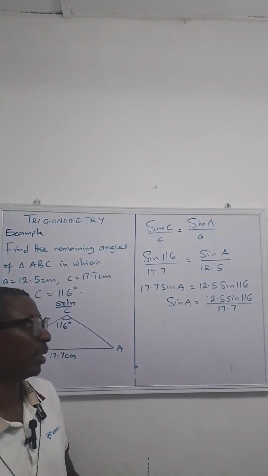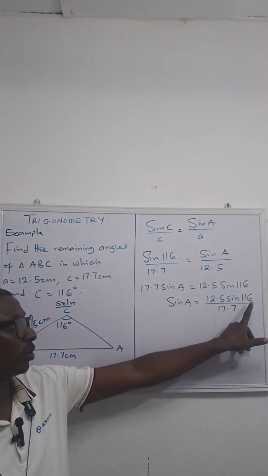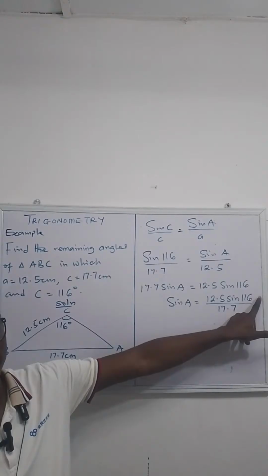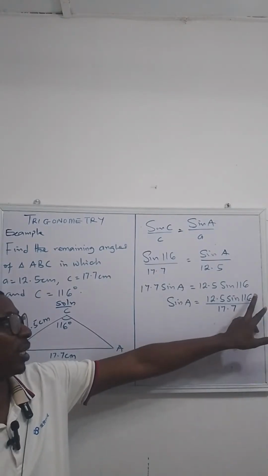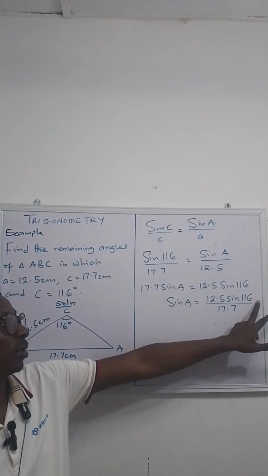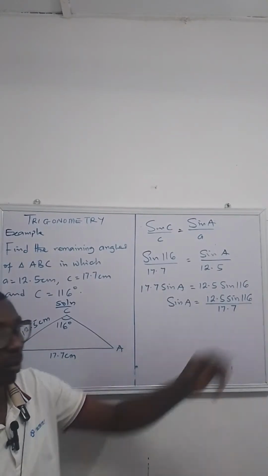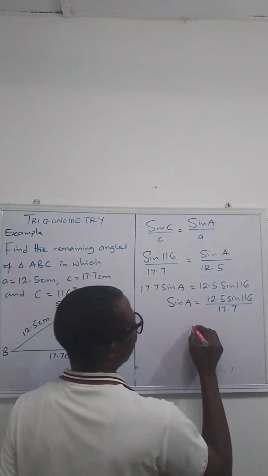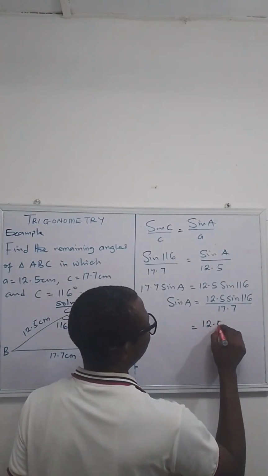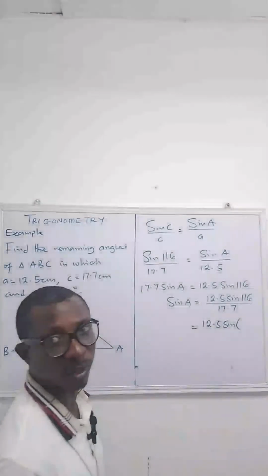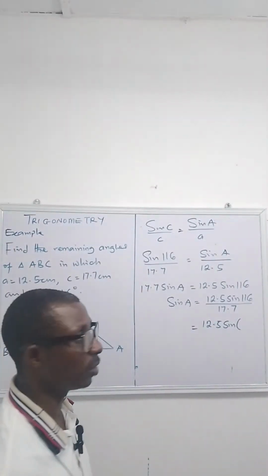Now, if I'm making use of the four-figure table, I have to subtract this from 180 because I can't check sine 116 directly in my four-figure table. So what do we have? 12.5 sine, you remove this from 180. What do you have?